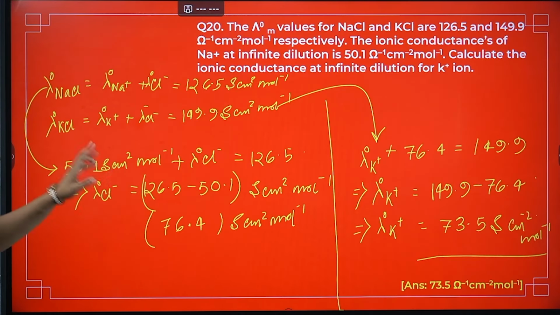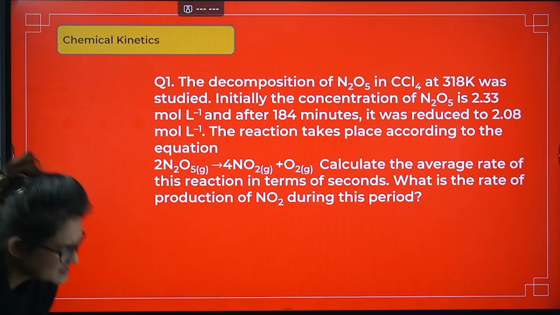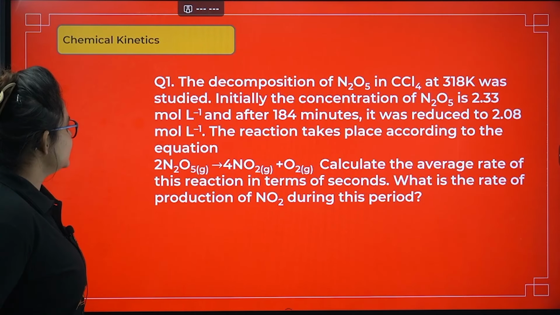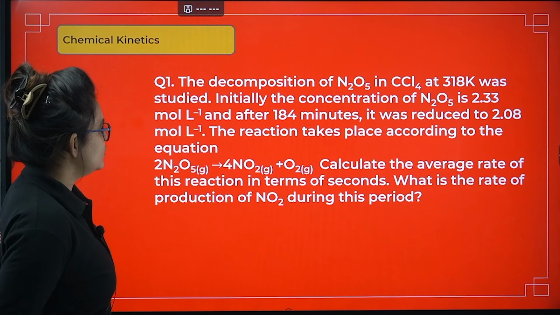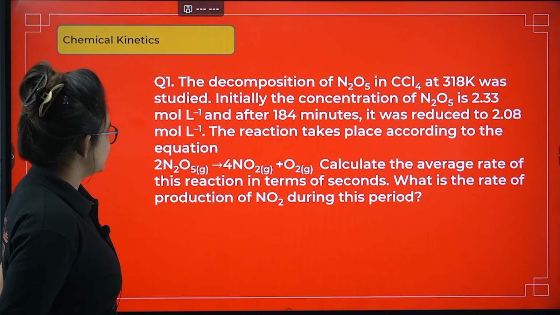So this is all about the 20 problems from electrochemistry. Now we will go ahead with chemical kinetics. First numerical: the decomposition of N2O5 in CCl4 at 318 Kelvin was studied.